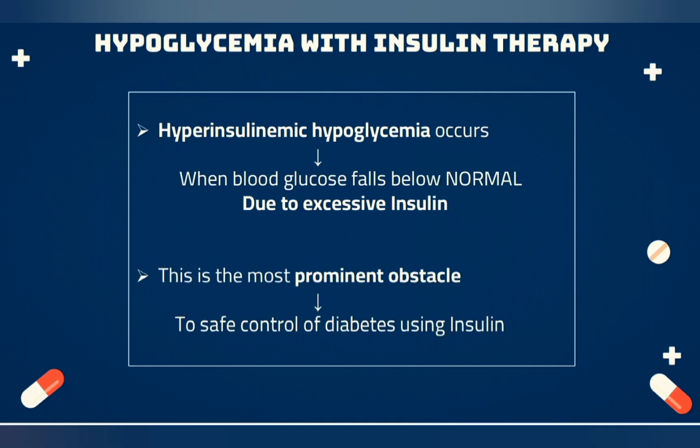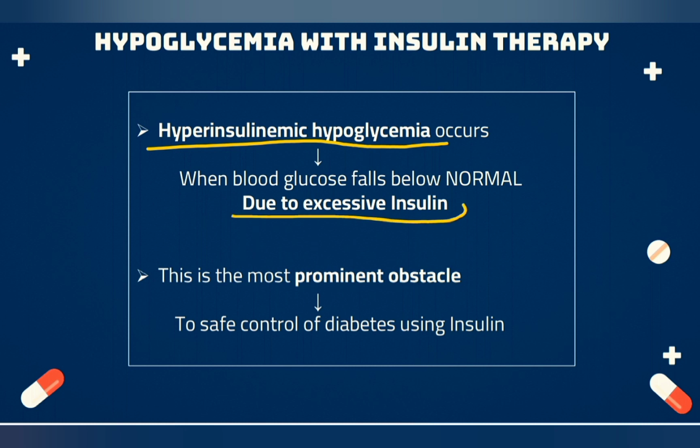But it has been found that excessive insulin injection can cause hyperinsulinemic hypoglycemia, due to which the blood glucose falls below its normal value.